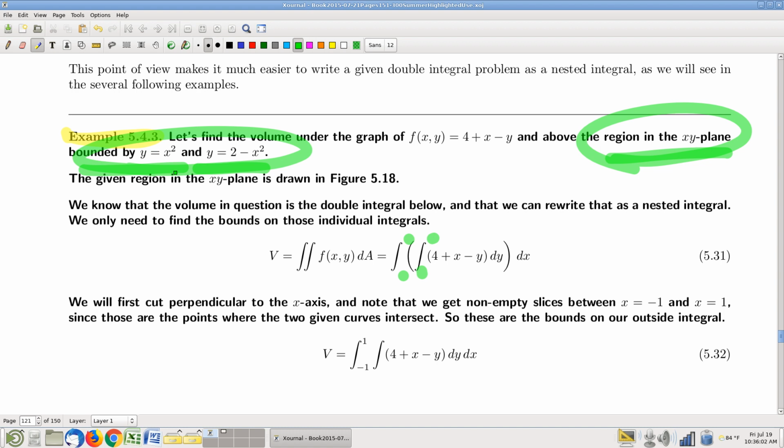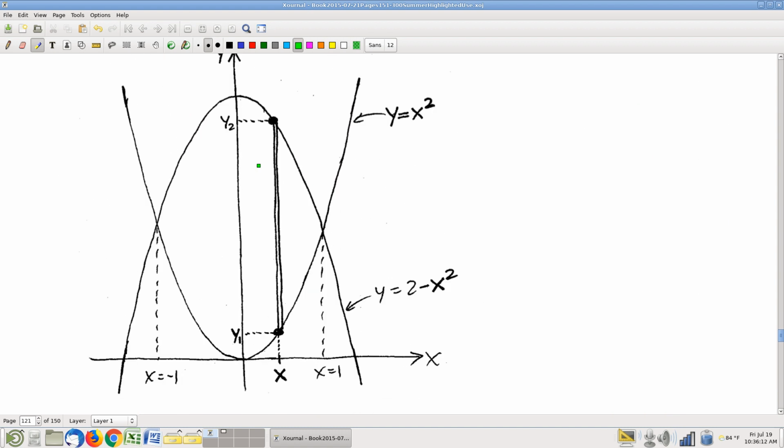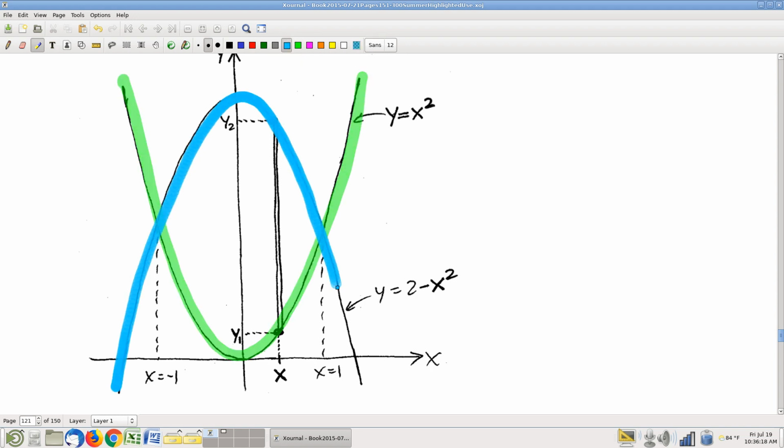Right? And let's see, okay, so we've got to figure out what this domain looks like. The bounding curves are y equals x squared and y equals 2 minus x squared. Here we go. There's y equals x squared. Here's y equals 2 minus x squared. All right. And now let's start slicing. You have choices about which way to slice it.